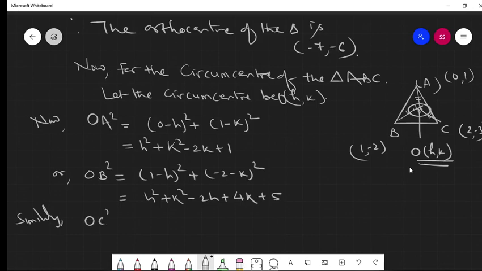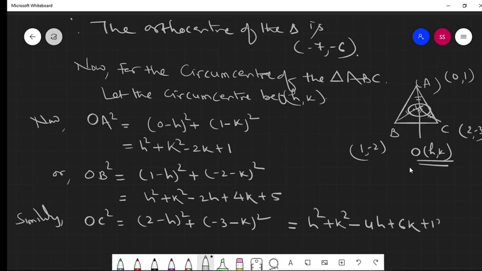Similarly, OC square equals 2 minus h whole square plus minus 3 minus k whole square. And from this relation we obtain h square plus k square minus 4h plus 6k plus 13.